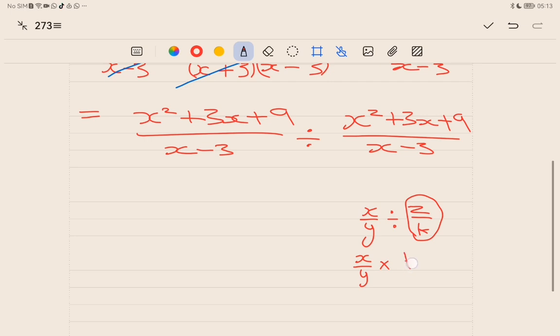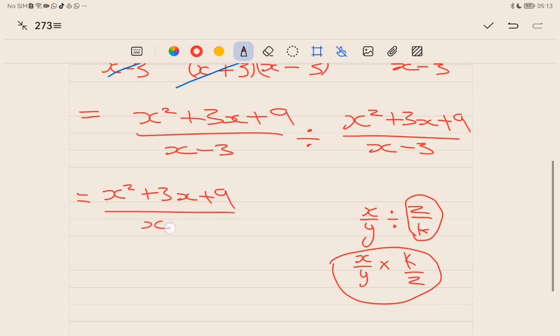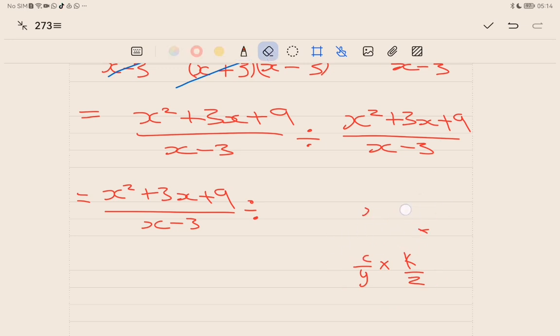The denominator becomes the numerator, then the numerator becomes the denominator. So this is what happens. So this is what we are going to do. So this one, we just write it as it is, divided by, then this one we flip it, the denominator becomes the numerator, then the numerator becomes the denominator.